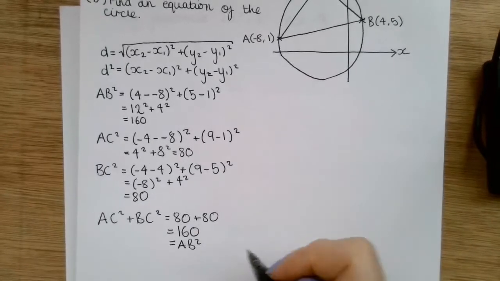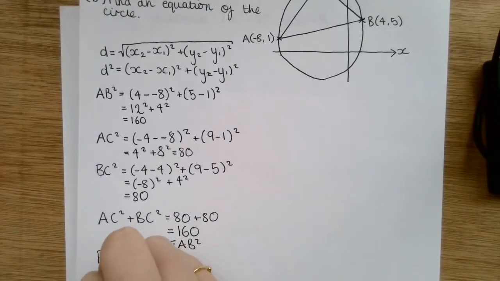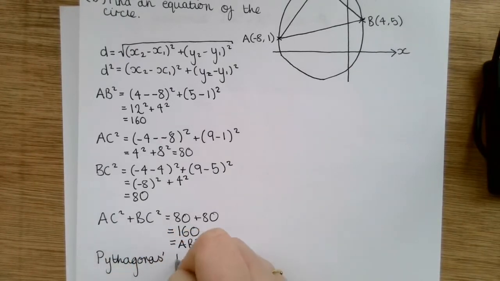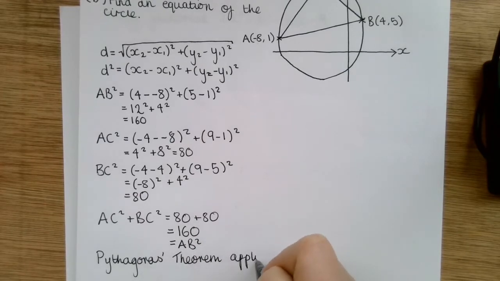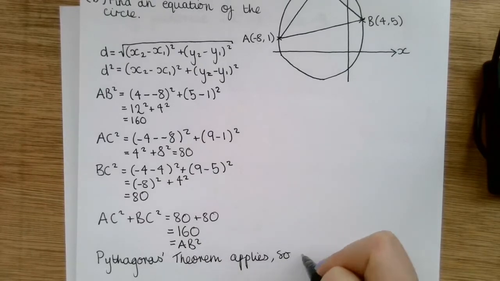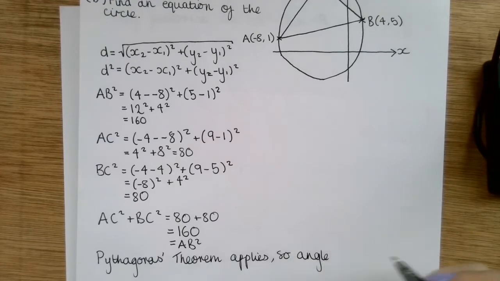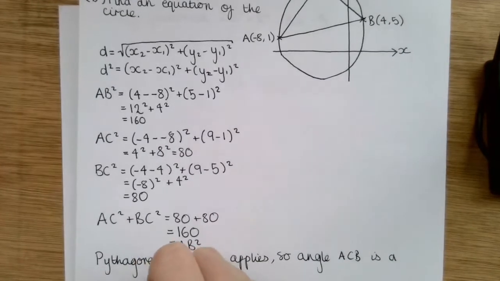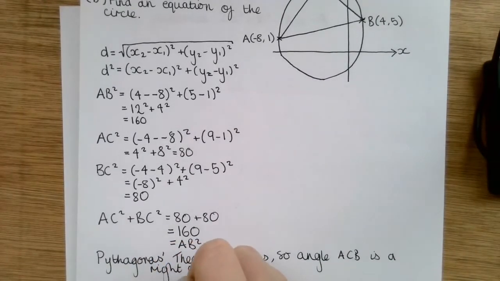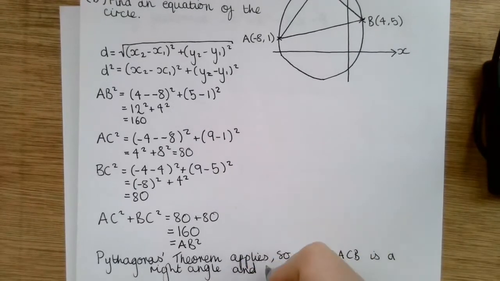We would say that Pythagoras' theorem applies, so angle ACB is a right angle and AB is the diameter.